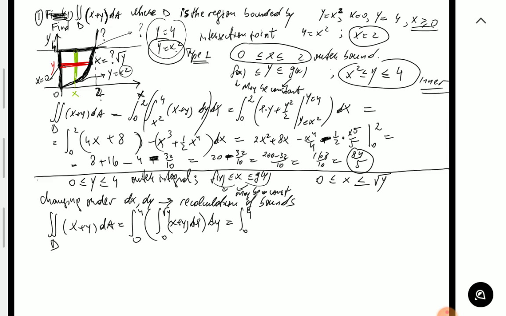All right, so first, integration with respect to x. Now y is a constant, so I'm going to have x times y plus x squared over 2, with the bounds for x given by 0 and square root of y.